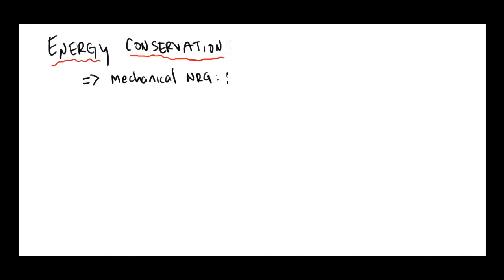So, energy associated with moving masses. For instance, if you throw a baseball through the air, it has mass and it's moving and therefore has mechanical energy. Or even if I held a baseball above the ground, it has mechanical energy in the sense that it's got potential energy, right? The potential to do work. So those are all forms of mechanical energy.